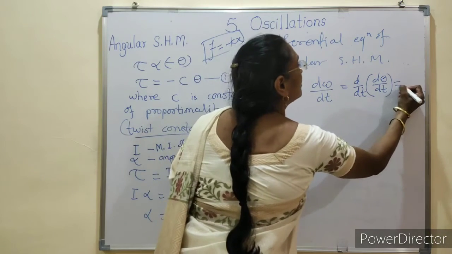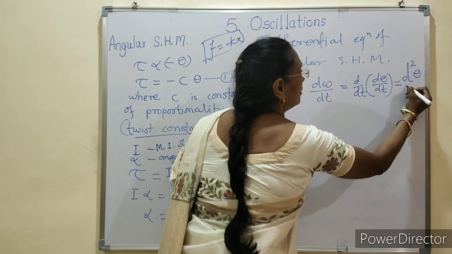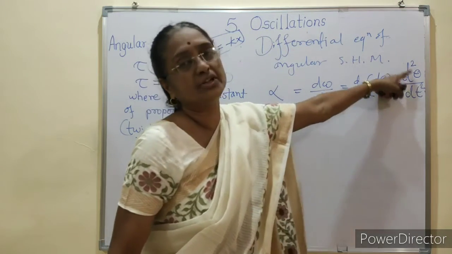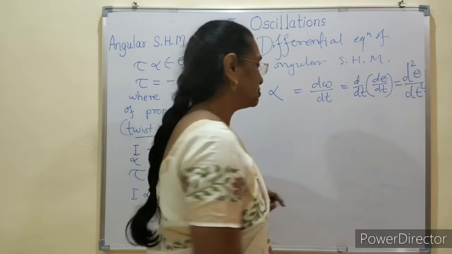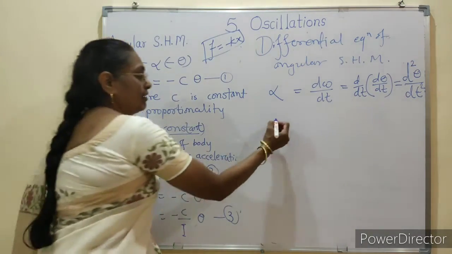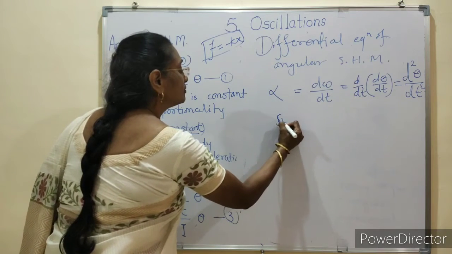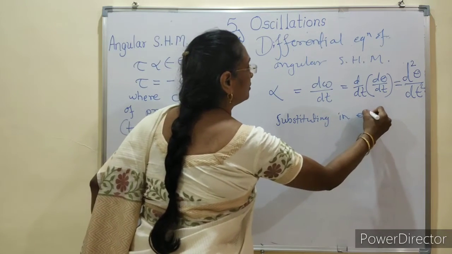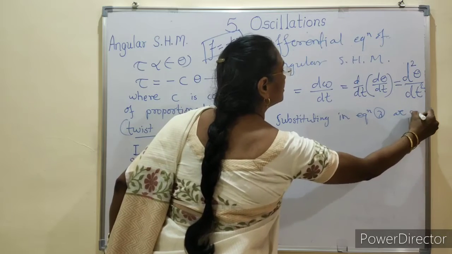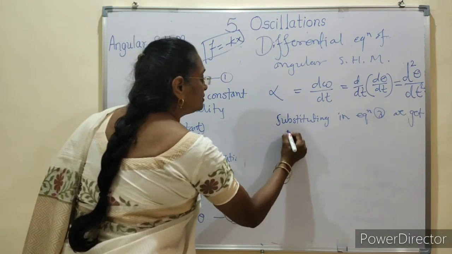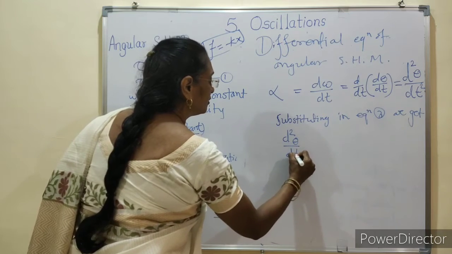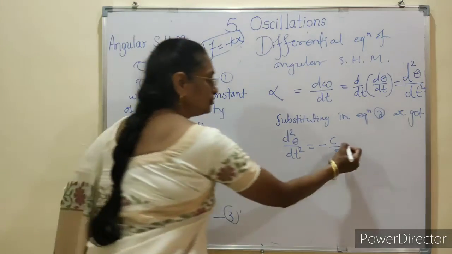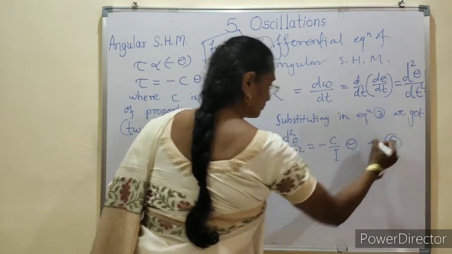So we get the final relation for alpha, which is the double derivative of theta. Alpha is d square theta by dt square. Substituting in equation 3, we get d square theta by dt square is equal to minus c upon I into theta. This is equation number 4.